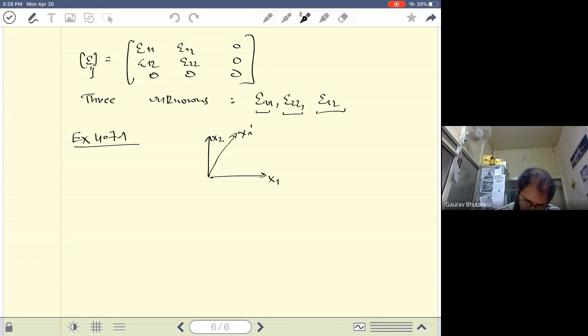So this was 1 prime, and this becomes 2 prime. Now if theta is the angle here, you can find the transformation matrix for this situation.